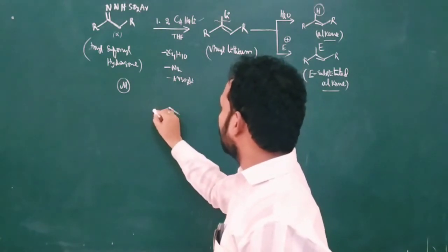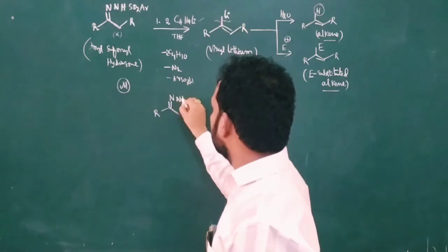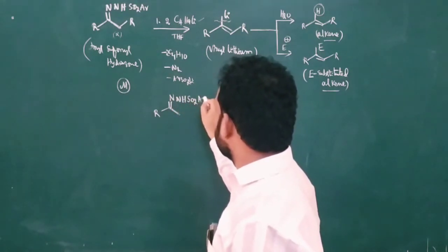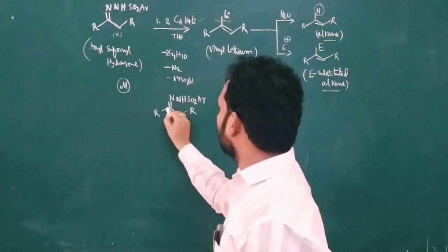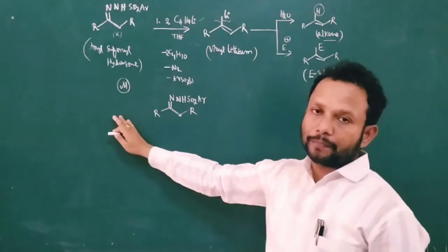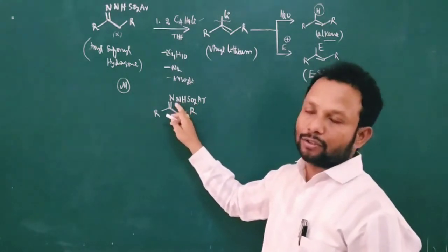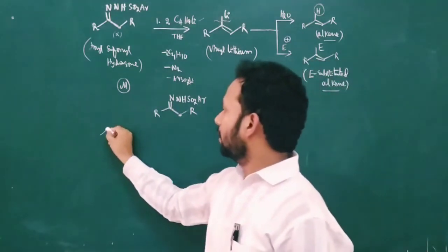First of all, I take aryl sulfonyl hydrazone. So the structure of aryl sulfonyl hydrazone is this. So this is called alpha carbon. So this is called aryl sulfonyl hydrazone. This aryl sulfonyl hydrazone is from a ketone.